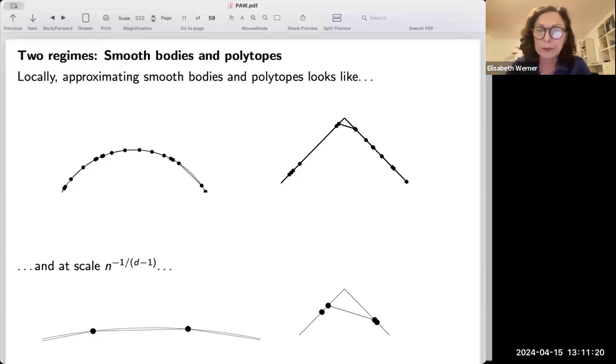Whereas in the polytope situation, choosing the points on the boundary, it's only what happens at the vertices which counts. These two different behaviors, which I have illustrated here basically for the symmetric difference metric, are also relevant for the Hausdorff distance. And this leads to different behavior for the two regimes.